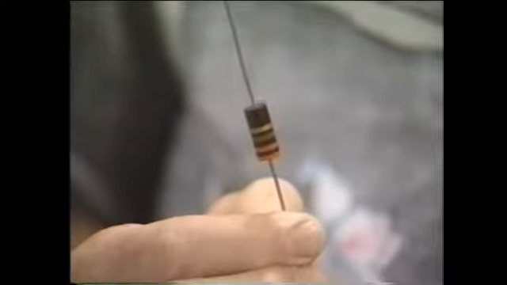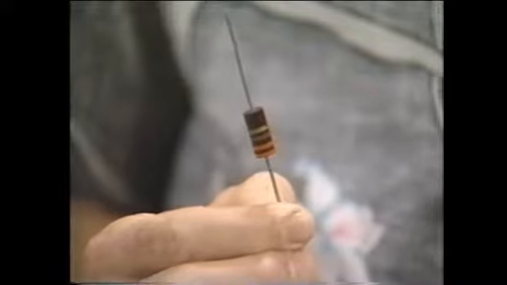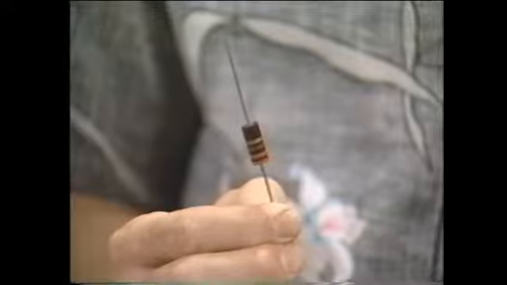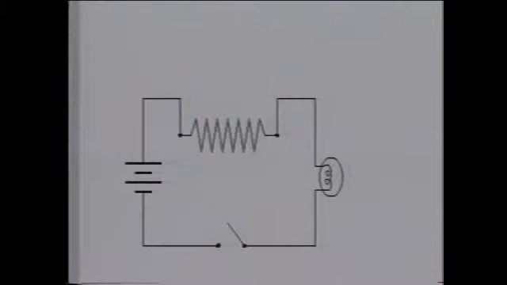Inside this resistor is a tiny piece of carbon. The size of the carbon determines the amount of resistance that this resistor has. And these little colored bands can be converted into numbers which tell us the value of that resistance. Now it might be time to introduce the electrical symbol for resistance and rewrite our circuit on the blackboard with the little resistor sign in the circuit.